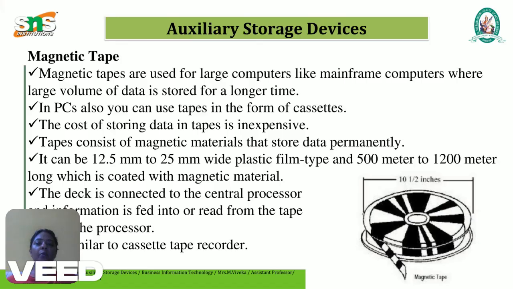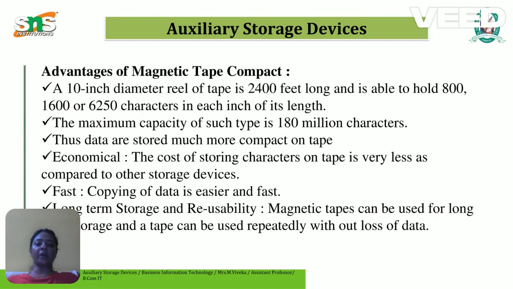The width can be 12.5 millimeter to 25 millimeter. It is a white plastic film type, 500 meter to 1200 meter long, which is coated with the magnetic material. The deck is connected to the central processor and information is fed into or read from the tape to the processor. So it is similar to the cassette type recorder.